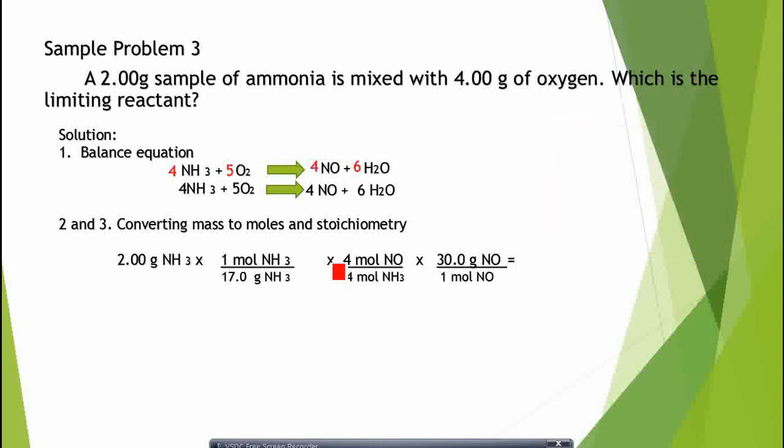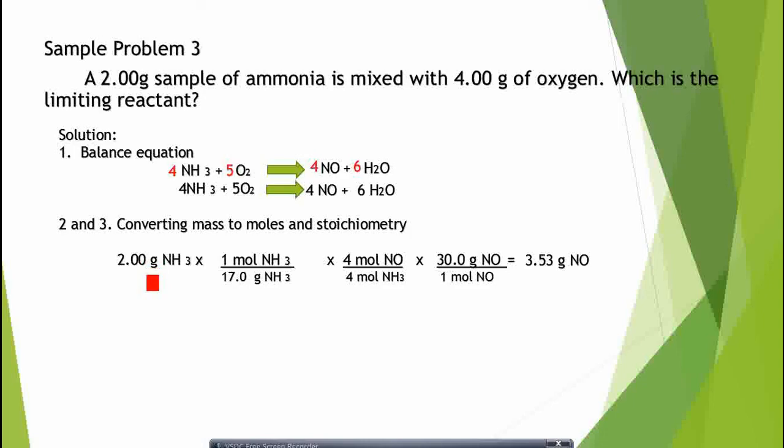Times 4 moles of nitrogen oxide divided by 4 moles of ammonia times 30 grams of nitrogen oxide divided by 1 mole of nitrogen oxide. So let's solve: 2 times 1 divided by 17, times 4 divided by 4 times 30 divided by 1. So the answer is 3.53 grams.